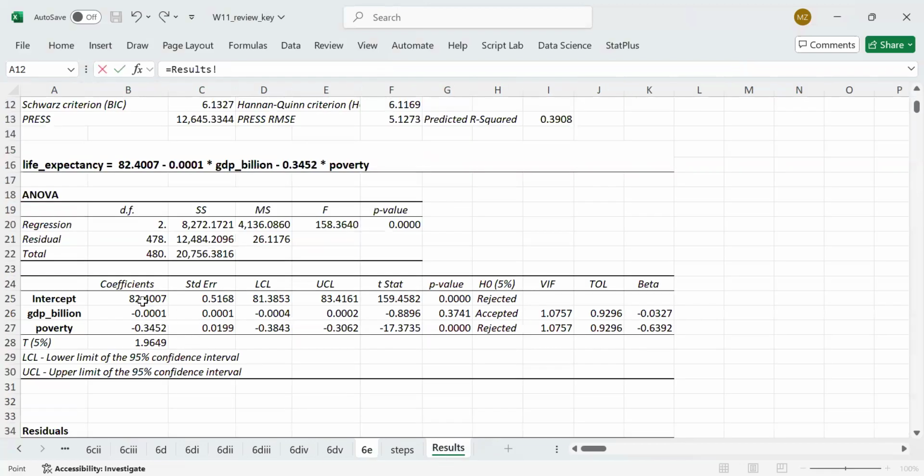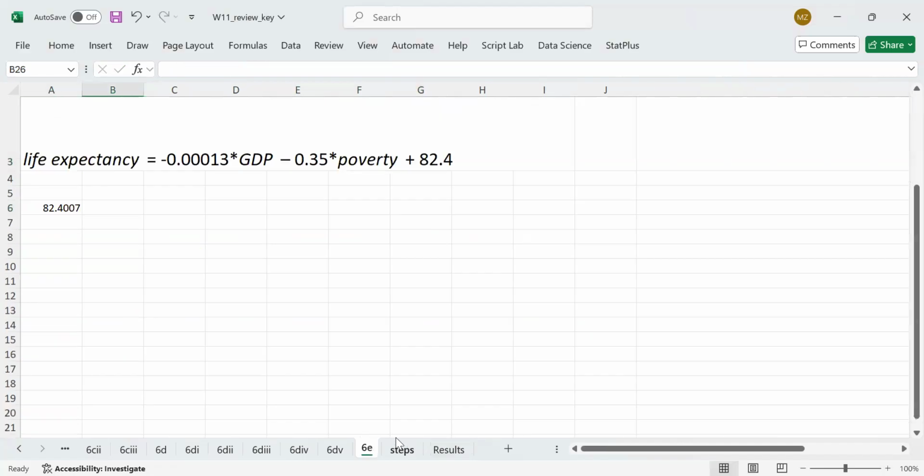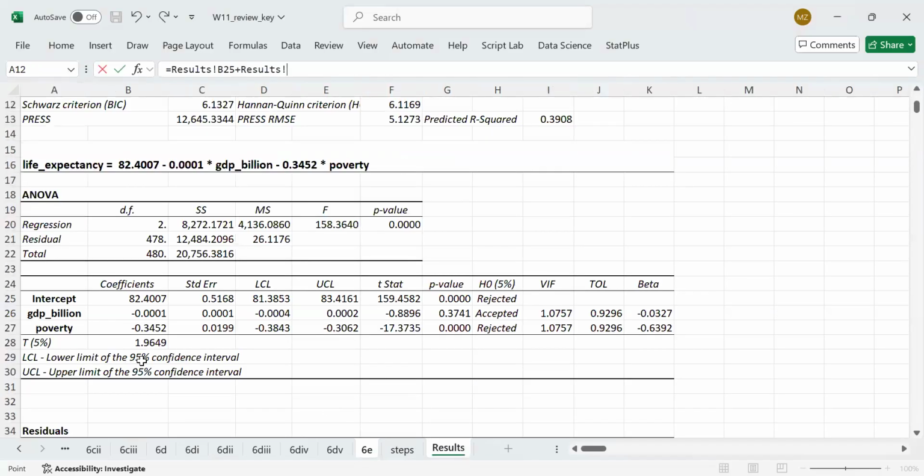First is the intercept, plus your coefficient for GDP times the GDP given here, 750. Remember that your GDP is already in billions, so you don't have to put the billion, because we already converted GDP to billions. Then plus the coefficient of poverty times the poverty value, which is 70%.